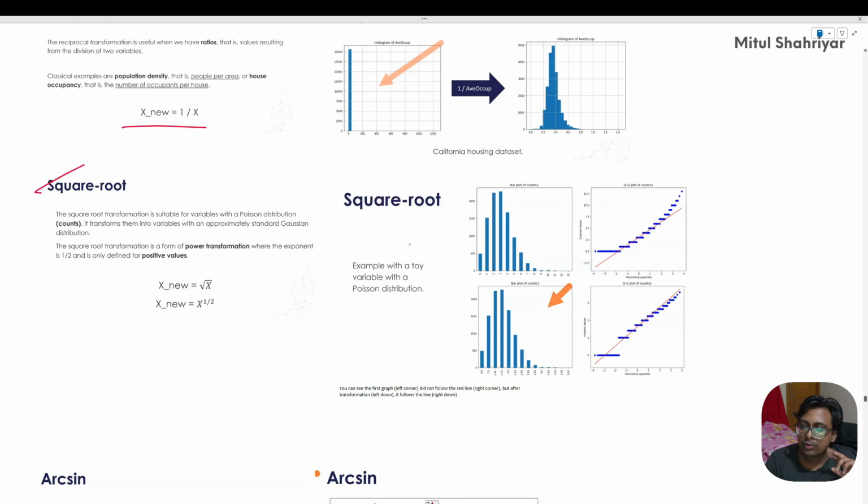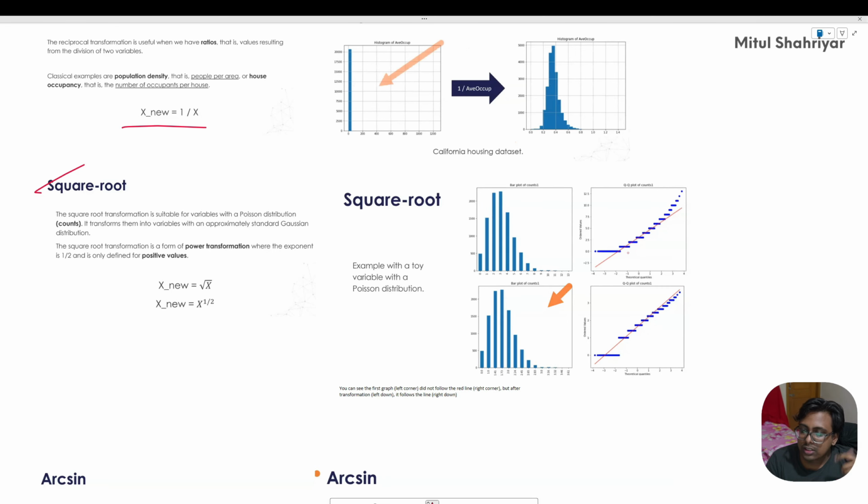For the square root, you can see in the first graph the left corner did not follow the red line; it's almost crossing here.